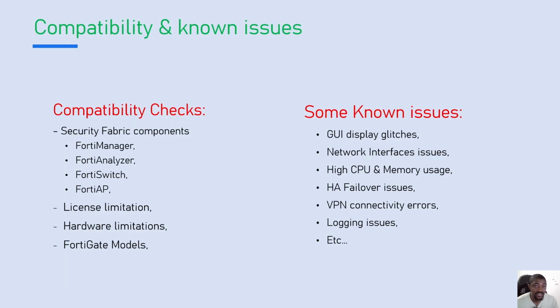Talking about compatibility and well-known issues. Regarding compatibility checks, before performing an upgrade, if in your security fabric you are using FortiGate plus other components like FortiManager, FortiAnalyzer, FortiSwitch or FortiAP, you need to check the compatibility to make sure that the FortiGate version you are going to is compatible with the version of FortiOS running on the other security fabric components.